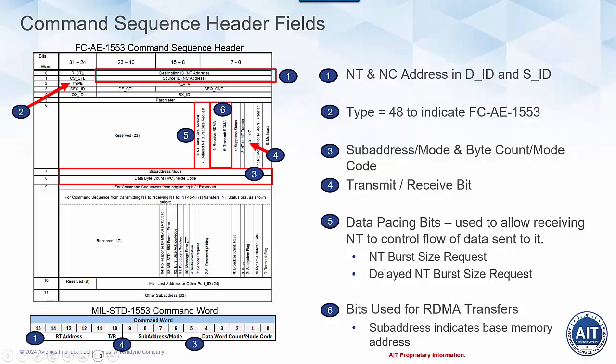This is the reason this command sequence also has a status word in it, because in an NT to NT transfer, first the network controller sends a command sequence to the transmitting network terminal. That network terminal then forwards that command sequence to the receiving network terminal, but it has to put its status word in this status word of the command sequence before it forwards it. So that's what this status word is in the command sequence.